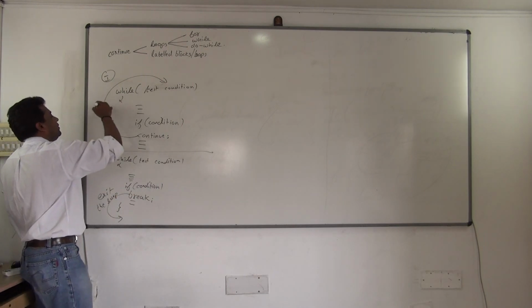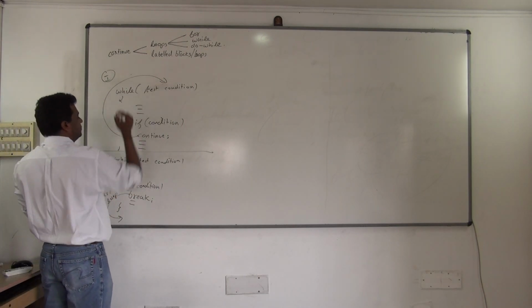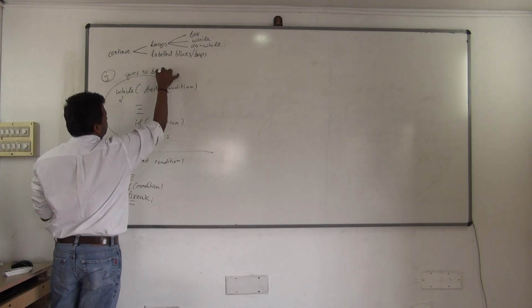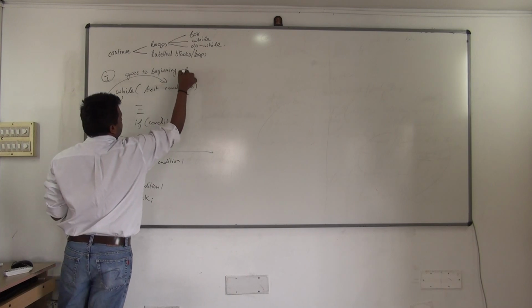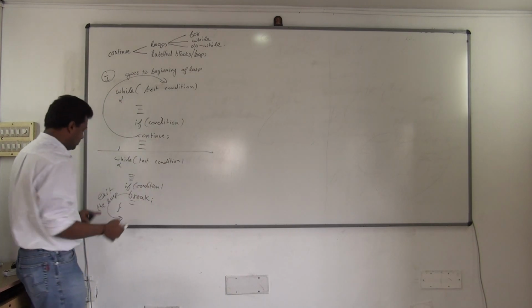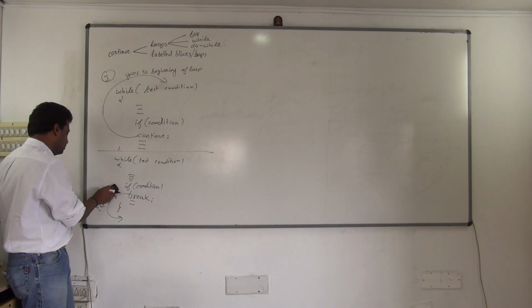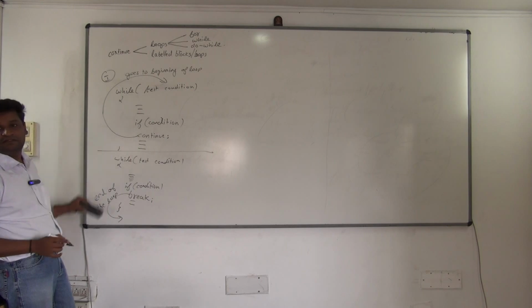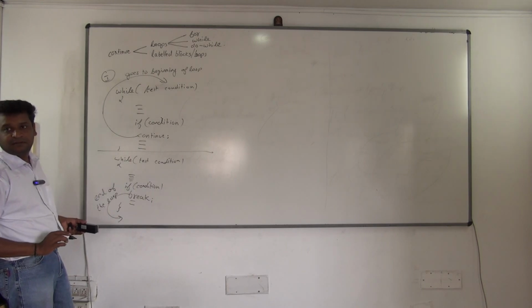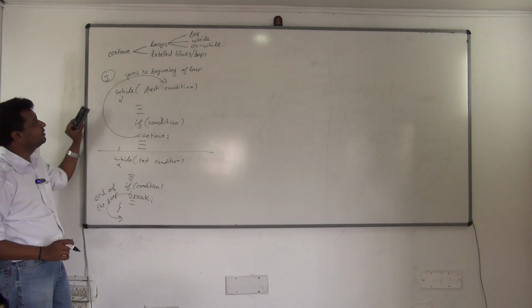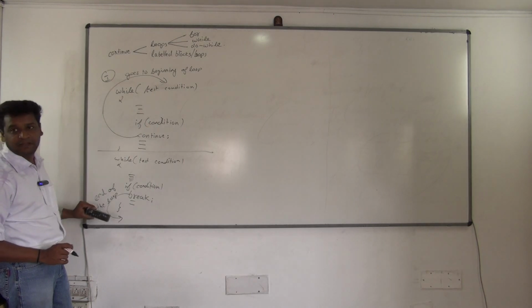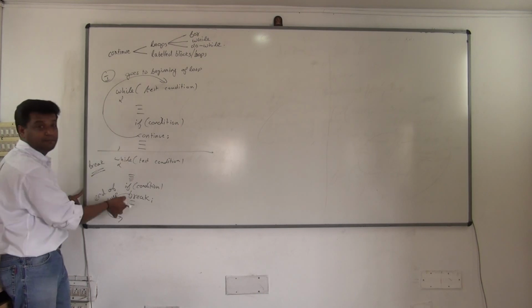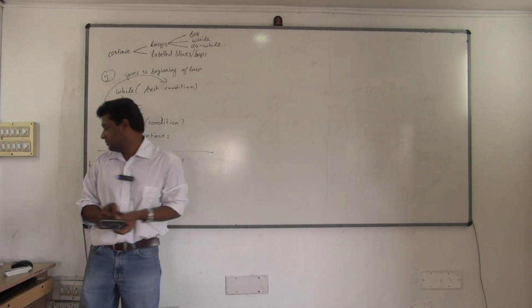Here continue goes to the beginning of the loop, but break will go to the end of the loop, or exit the loop. Are you getting the difference? Clear? So this is the difference between continue and break. Break I already explained to you. I just compared both of them. Understood?